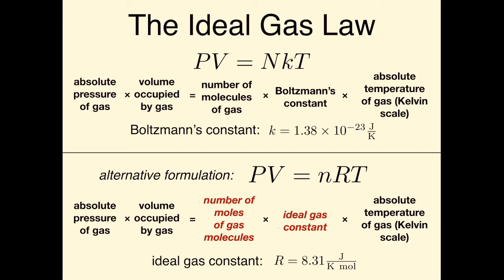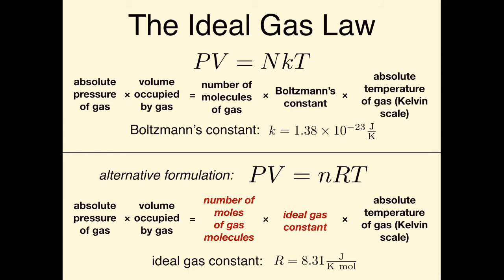So P is the absolute pressure of the gas. V is the volume of the gas. Capital N is the number of molecules of the gas. K is something called Boltzmann's constant, and the value of Boltzmann's constant is given here. It's 1.38 times 10 to the minus 23 joules per Kelvin.